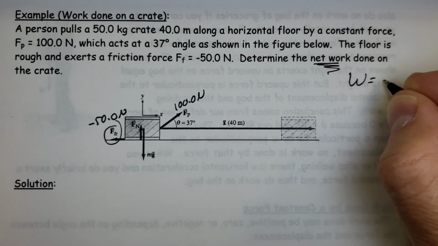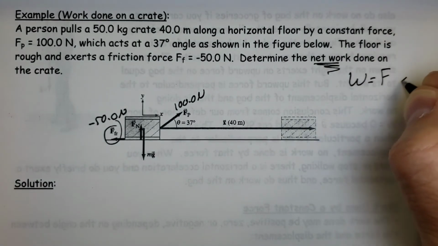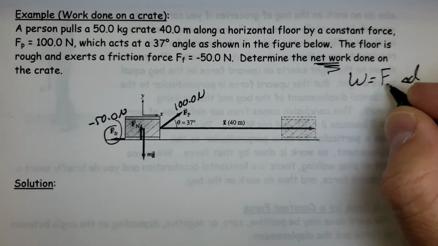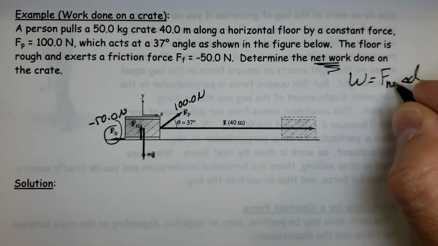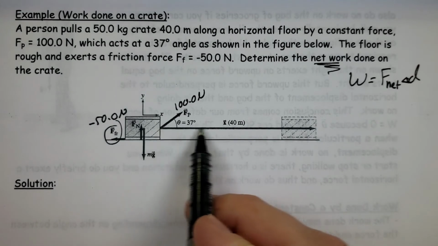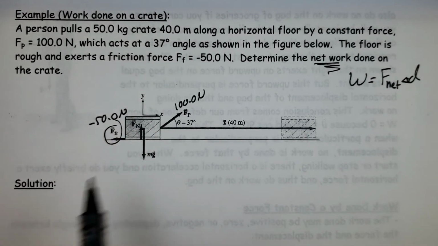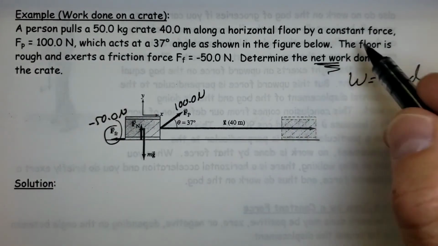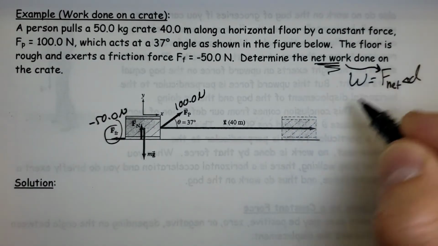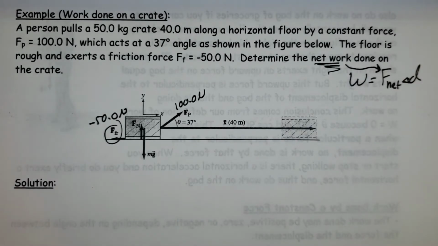So if we're determining the net work, this is a little bit different. For net work, we're going to be using the net force, so not just F parallel. We're going to have to consider the friction here to see overall net what is going to be happening. So it's slightly different here, ladies and gentlemen.